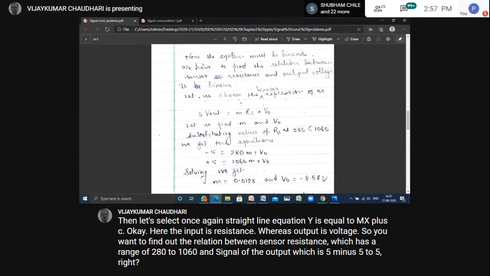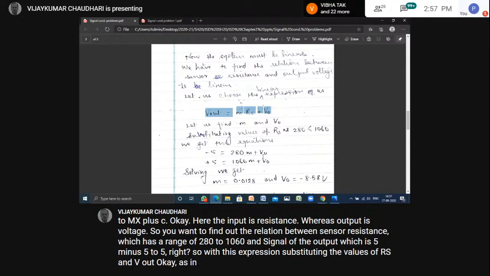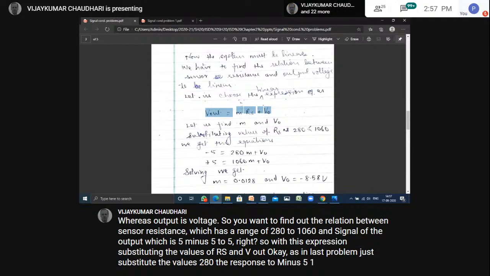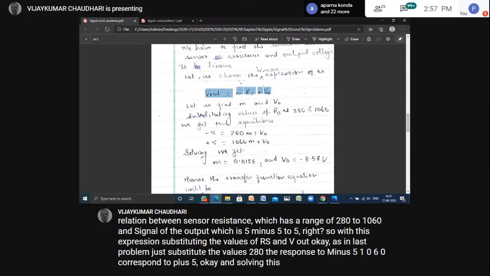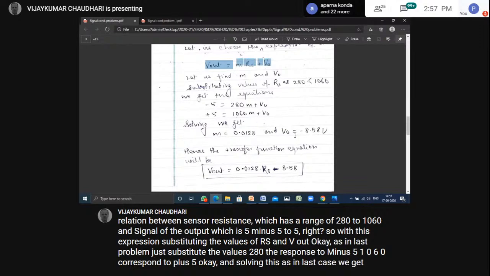With this expression, substitute the values of RS and Vout, as in the last problem. 280 corresponds to minus 5, 1060 corresponds to plus 5, and solving this as in the last case, we get m and V naught.